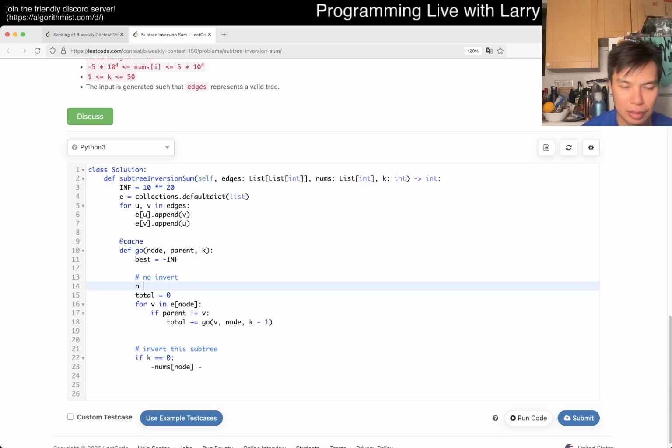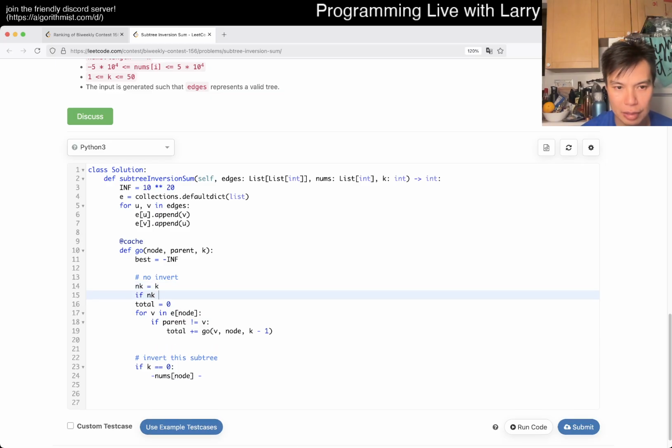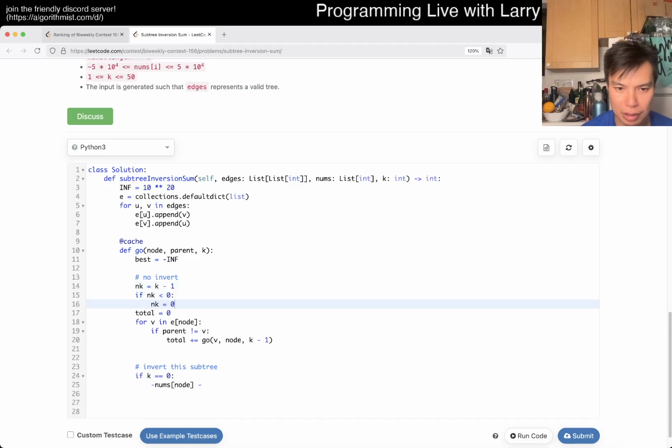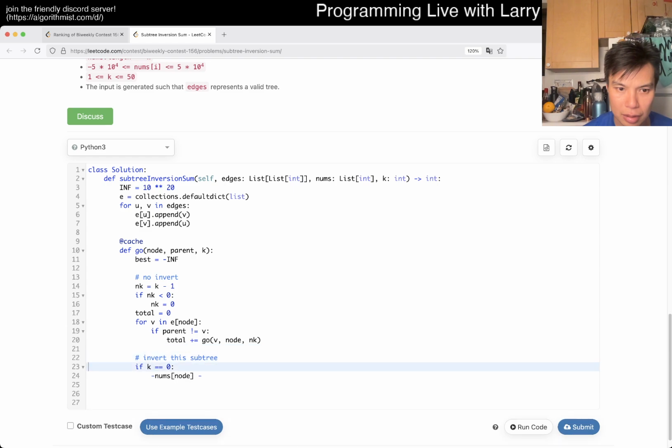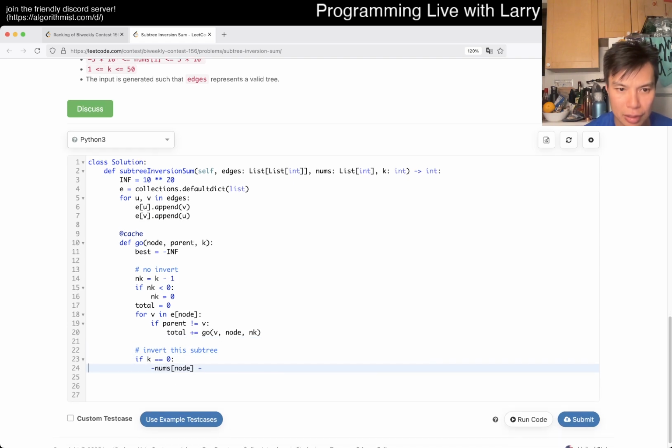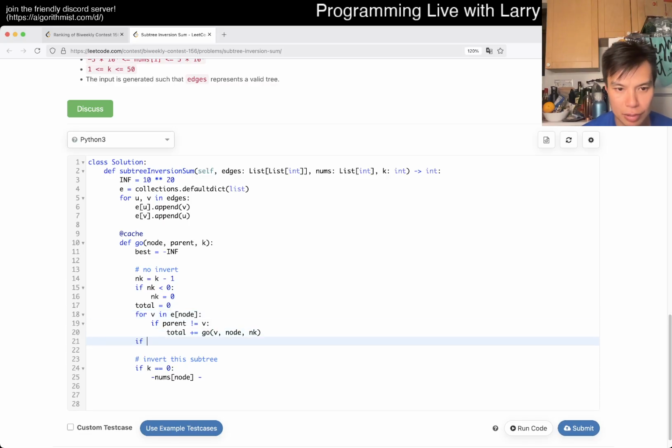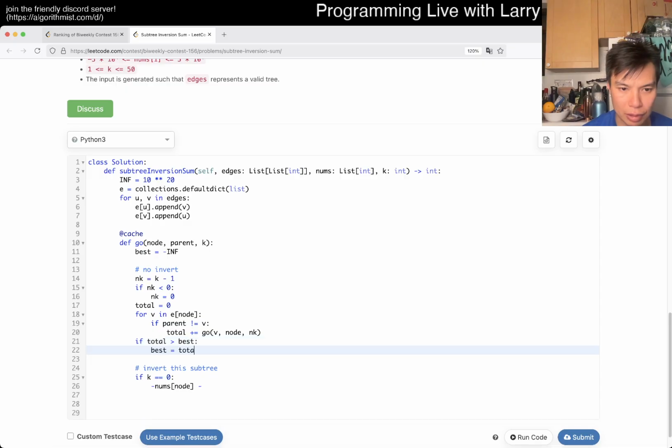But okay, just so new k is equal to k. If new k minus 1 is less than 0, then k is 0. Okay, right? Total, no. Okay, so that is that. Otherwise, we invert the subtree, so then it's the same thing, right? If total is greater than best, then best is equal to total.